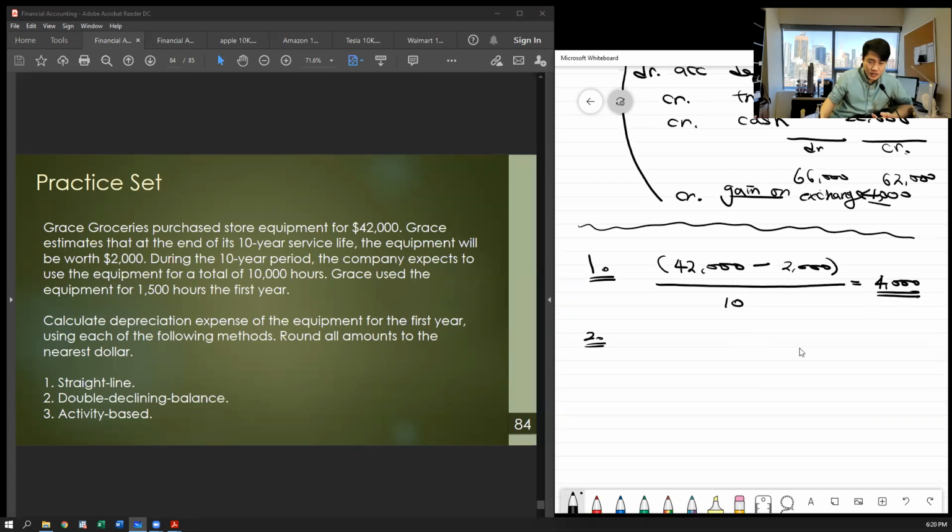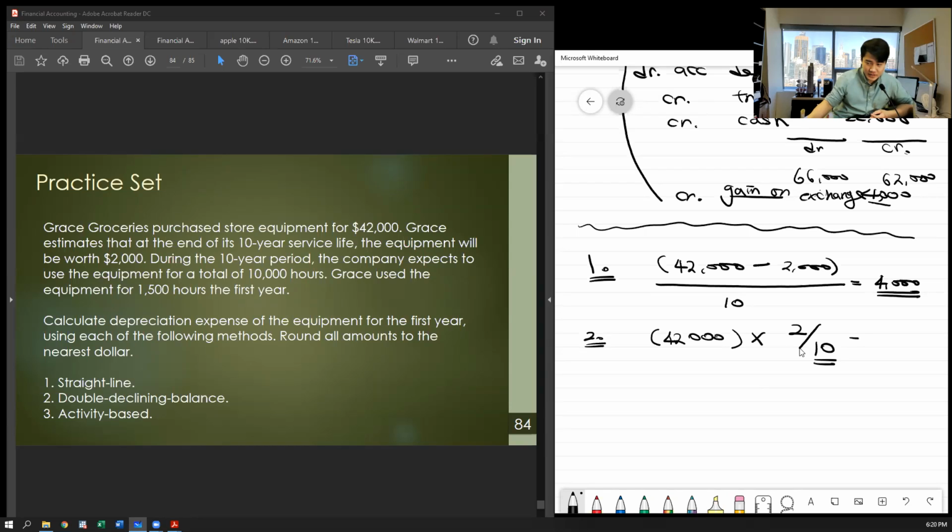Number two, if the company elects double declining balance, you're going to start from 42,000. And keep in mind that for the double declining method, we are not going to use the residual value or the salvage value in your calculation. So you're going to start from this, and you're going to multiply that by 2 over the service life, which was 10 in this case.